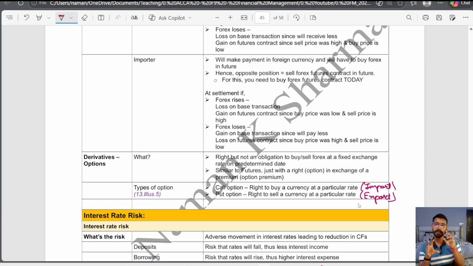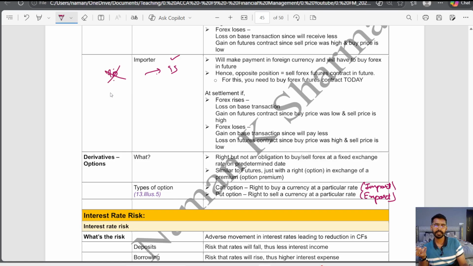Similarly, in case of an exporter, you will enter into a put option. A put option is the right to sell currency at a predetermined rate. Let's say the rate you agreed is 90, but later on the rate gets to 95. So you will let the option lapse. You will say that I will sell the dollars that I have received at 95.